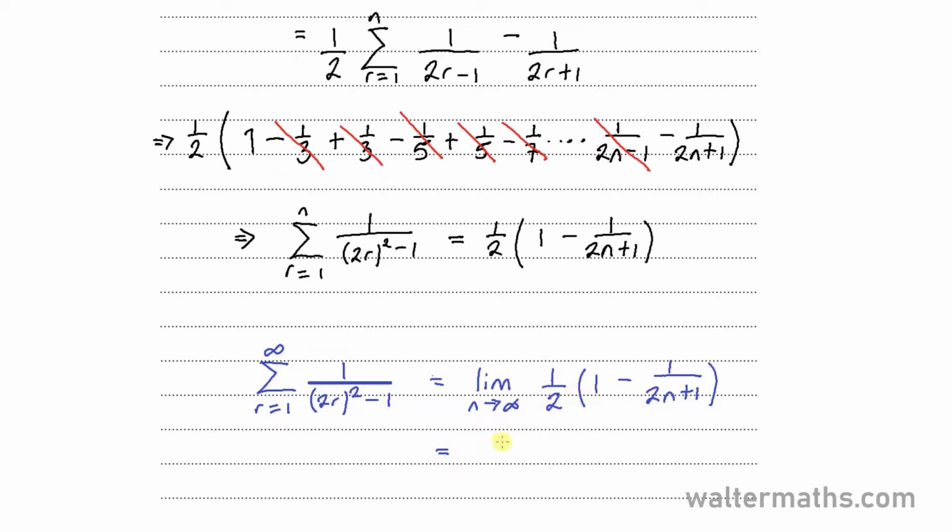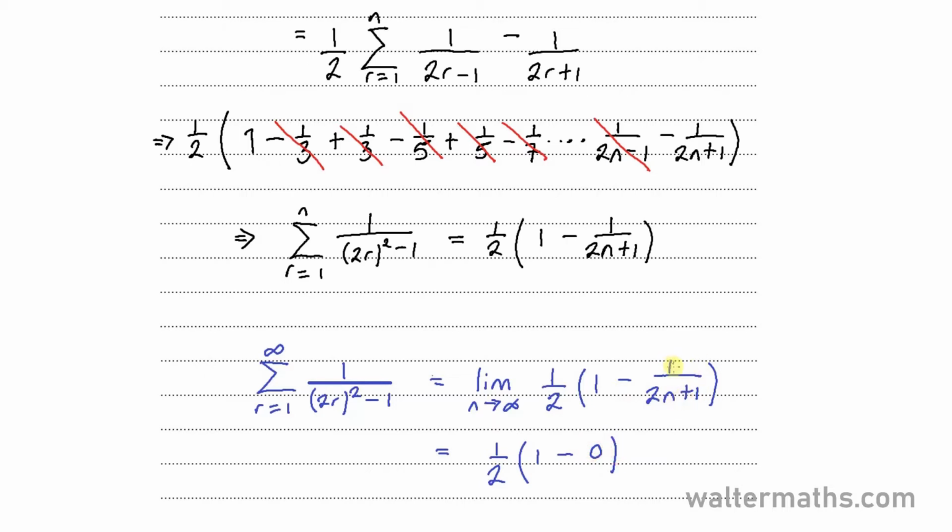Now for the constants, we have a half, and that won't change, 1 won't change. But as n approaches infinity, that is, as n becomes very large, this fraction here will turn towards 0.